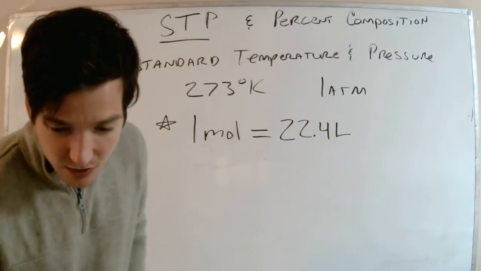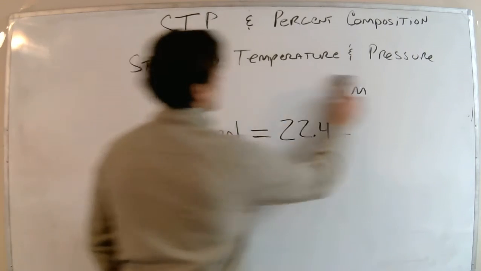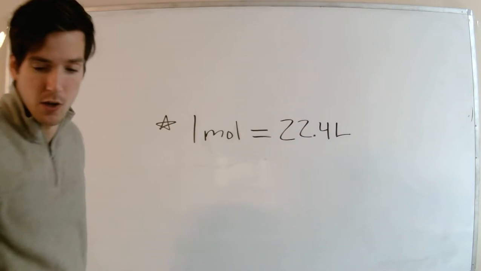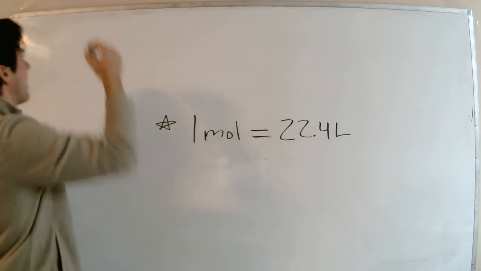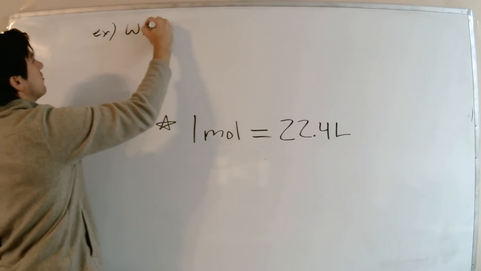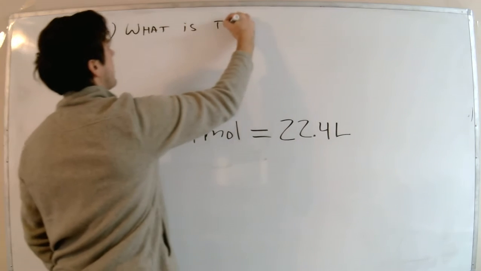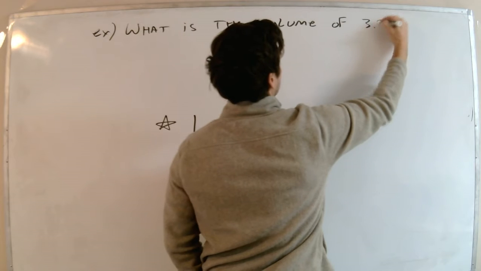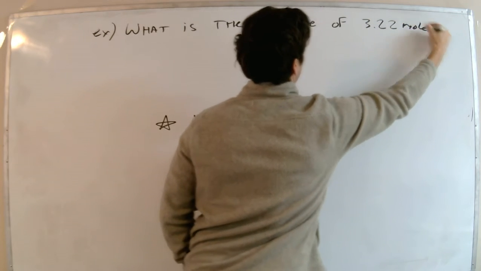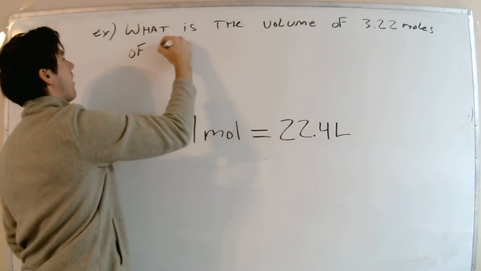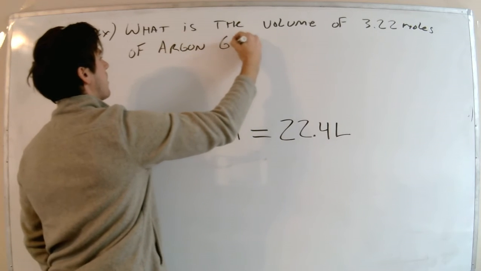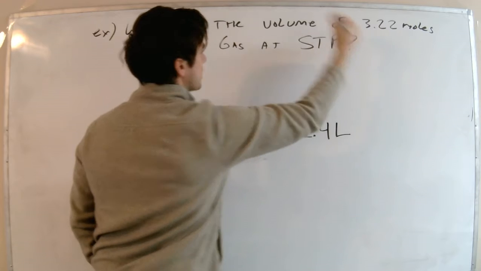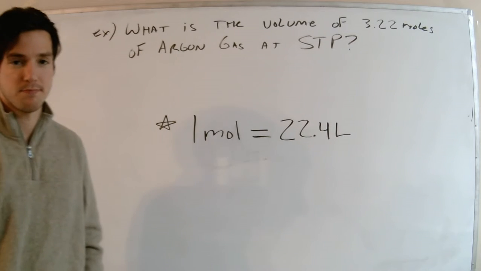So, our first example, I'm going to leave this conversion right here for us. And the first example I'm going to ask is, what is the volume of 3.22 moles of argon gas at STP, at standard temperature and pressure?